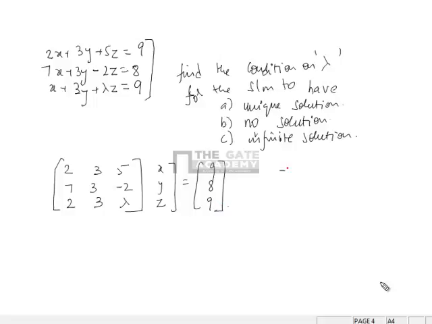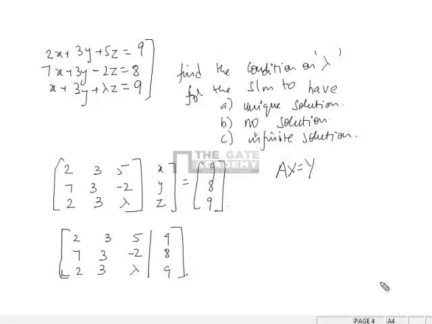This is an equation of the type Ax equal to y. So the first thing I need to do is to form the augmented matrix: 2, 3, 5, 9, 8, 9, 7, 2, 2, 3, lambda.